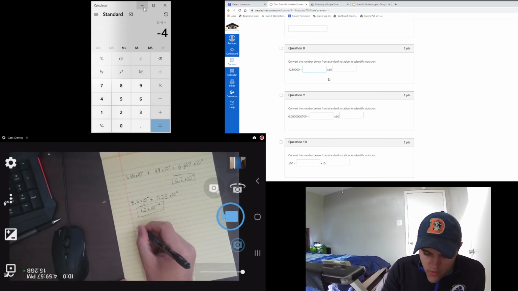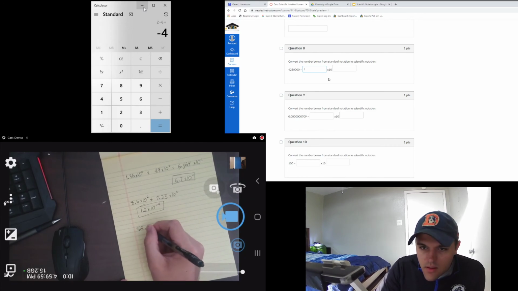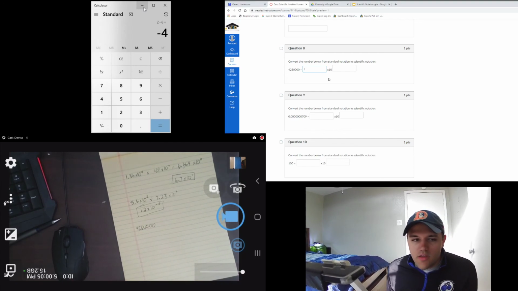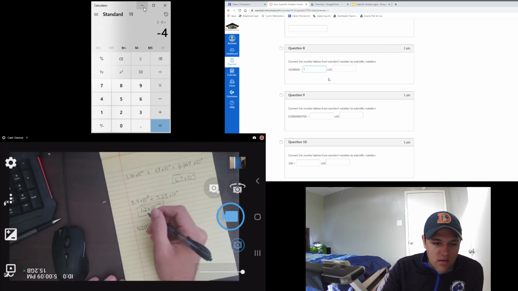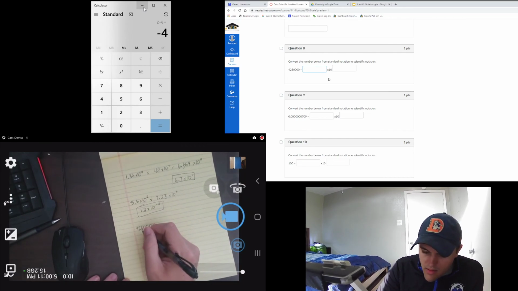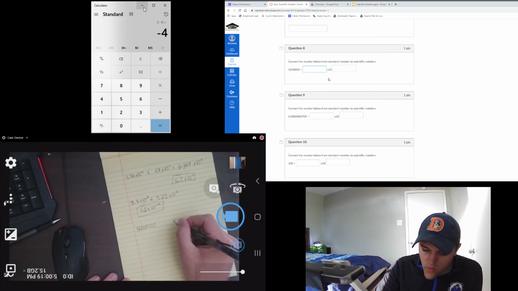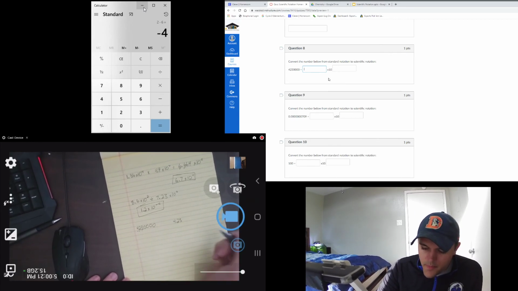So we've got 4, 2, 3, and then 4 zeros, 0, 0, 0, 0. And we're trying to convert that to scientific notation. So we're going to look and say our sig figs here are the 4, the 2, and the 3. And these zeros are not significant. So it'll be 4.23 times 10 to the something power.